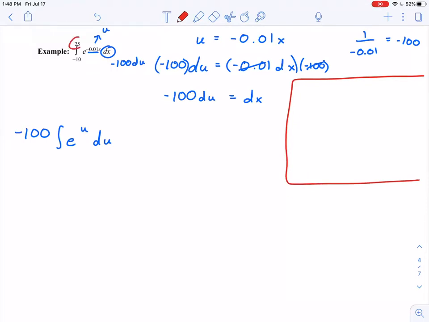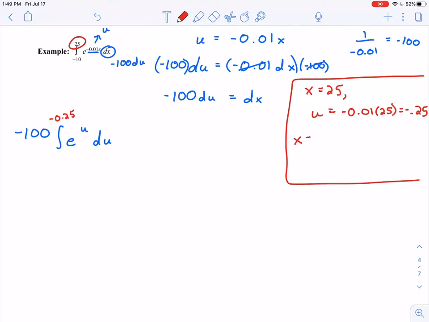So these are x values. Let's start with our upper limit of integration, 25. When x equals 25, u is equal to, and again I'm looking at this equation right here, u equals negative 0.01 times x. So negative 0.01 times 25 gives me negative 0.25. So negative 0.25 is my upper limit of integration.